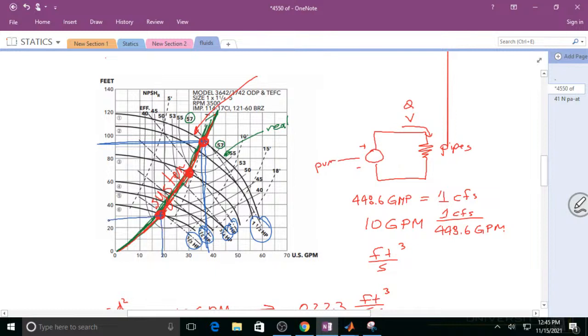So you might operate here. If this one, you might operate here. But most of the time when you flip the switch on a pump, it just goes to a certain speed and sits there. So it'll be one of these curves.